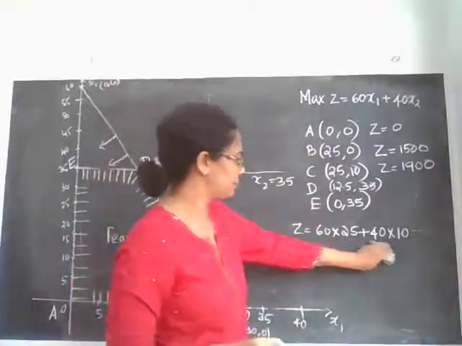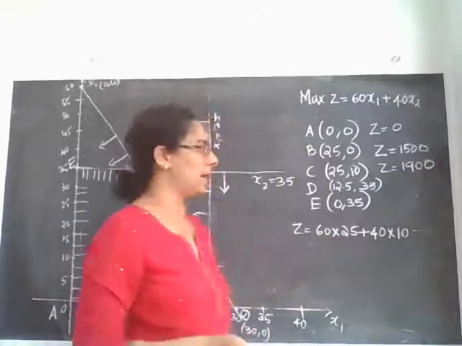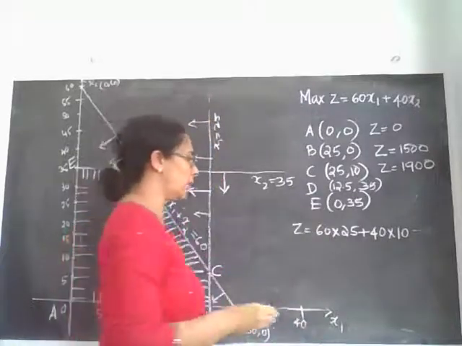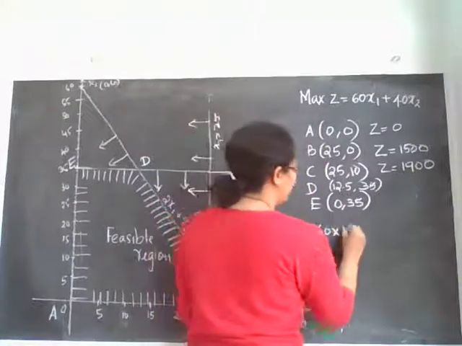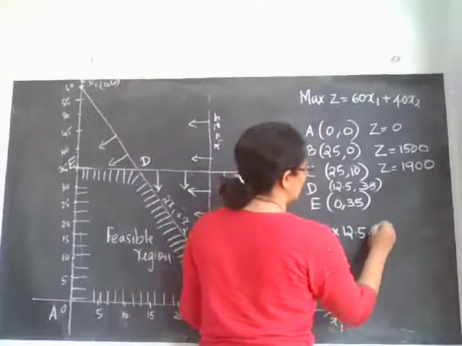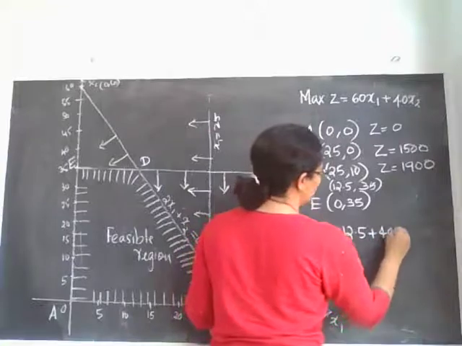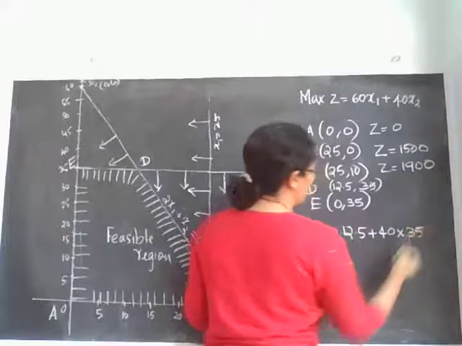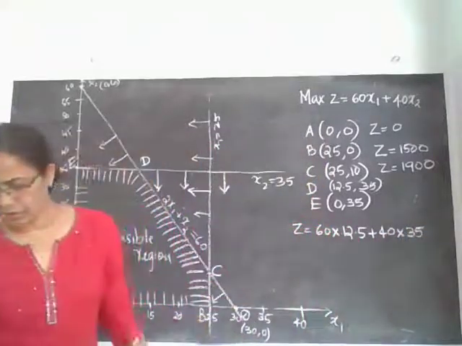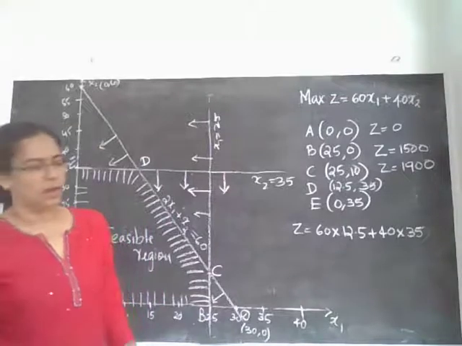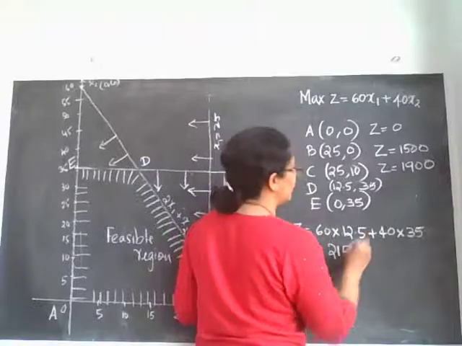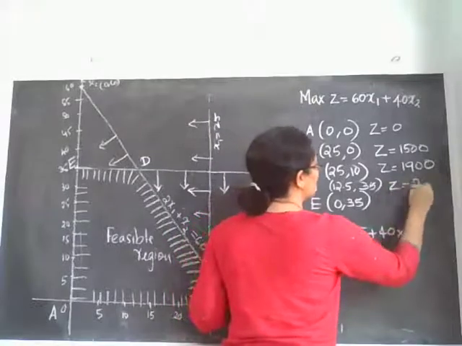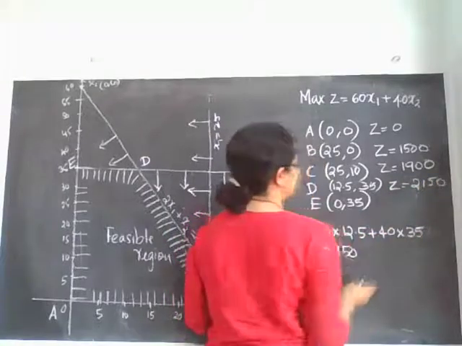Now at D, add the values: 60 into 12.5 plus 40 into 35. What do you get here? Now check here. You get the value as 2150. So Z is equal to 2150.